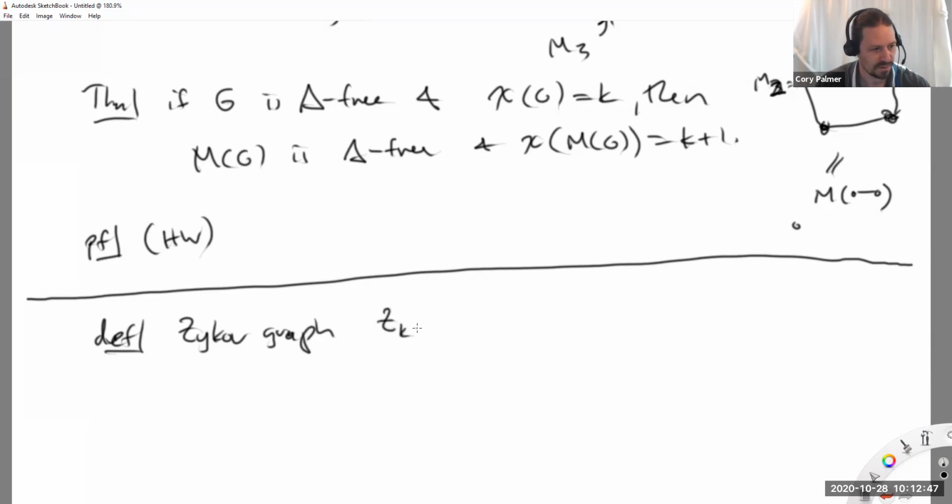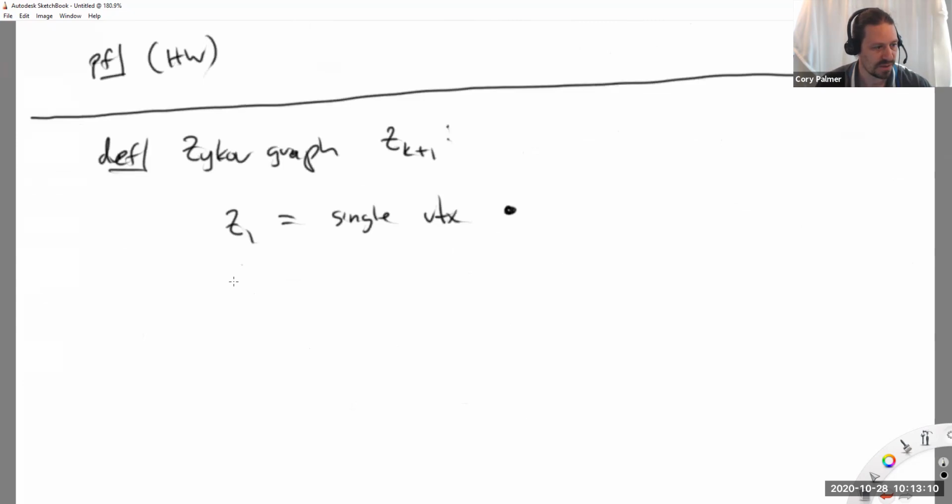I will define Z_{k+1} as follows. So Z1 is a single vertex. So Mycielski starts with an edge, Zykov starts with a single vertex. And my goal again here will be to create a triangle-free graph whose chromatic number is larger and larger. Okay, so how do I create Z_{k+1} from Z_k?